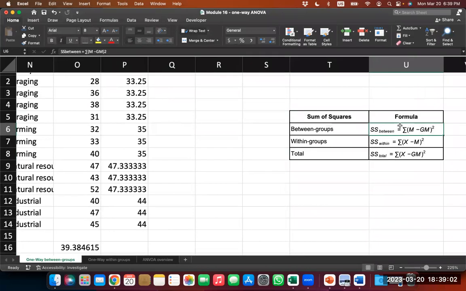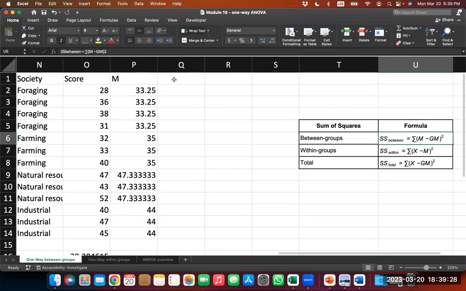First, the between groups sum of squares: that's the sum of each individual mean minus the grand mean. It's important to keep this for each individual score, because otherwise you would be altering the degrees of freedom, and that gives you a wrong result. So you need to propagate this for each score.